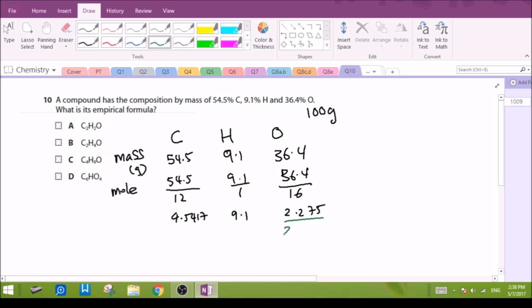So let's divide throughout by 2.275. Once we do that, it becomes 2, 4, and 1. Nice whole numbers. So C2H4O. Option B.